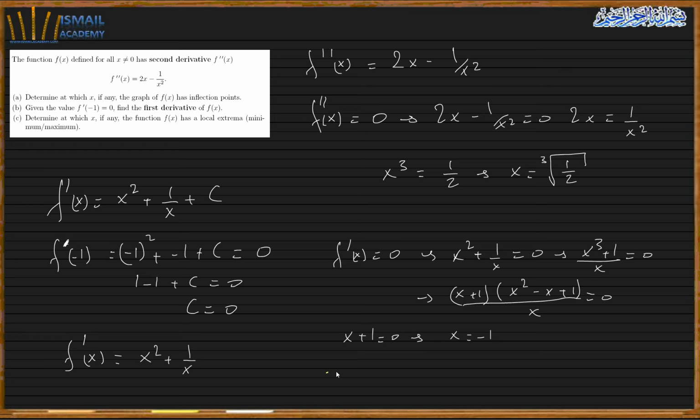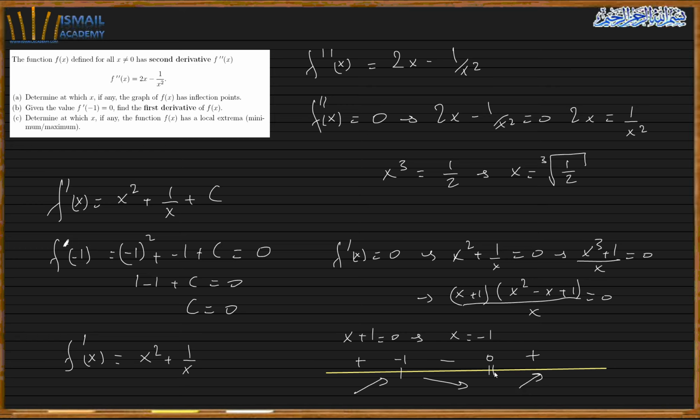Now I'm going to see where we have a maximum or minimum. I'm going to my number line. I have 0 here and minus 1, but the function is not defined at 0. Now I'm going to check the sign. This factor is always positive, so I will have positive, negative, positive. That means increase, decrease, and increase.